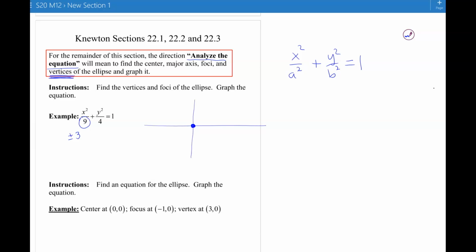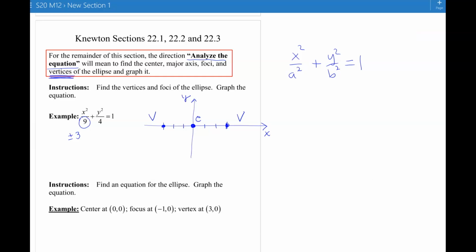So I start at the center at the origin, and then I go 1, 2, 3 in the x direction, 1, 2, 3 in the opposite direction, labeling my axes. And I see that the denominator under the x term is larger, so I know these are vertices. Only the farthest away points are given the name vertices.